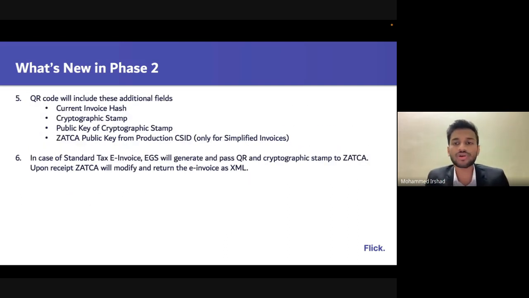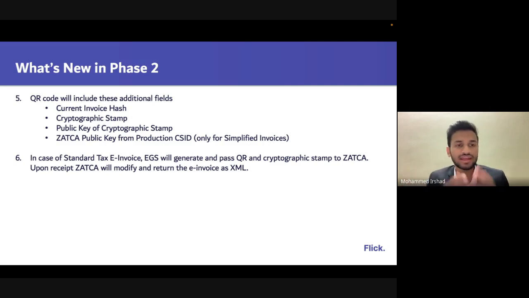There are 4 more items in the QR code which are not human readable. There are a lot of QR scanners out there in the market, but it's best practice to use the ZATCA-provided QR scanners, because all these invoices, hash, cryptographic stamp, everything can be complied with ZATCA. It can only be provided by ZATCA.